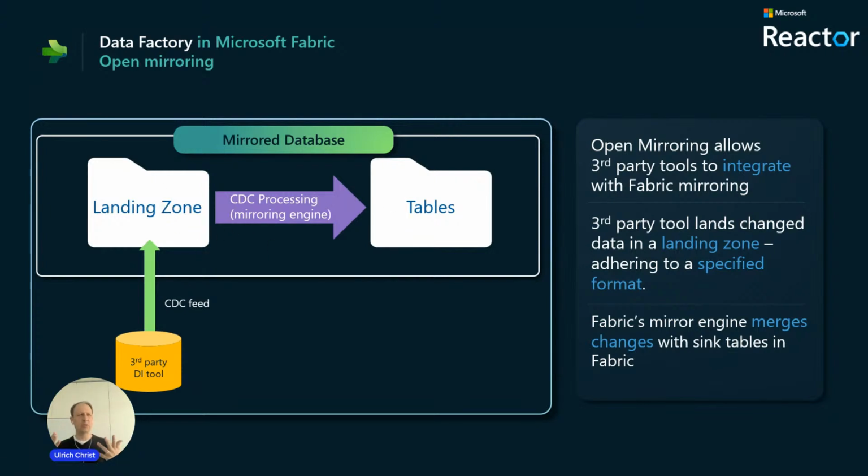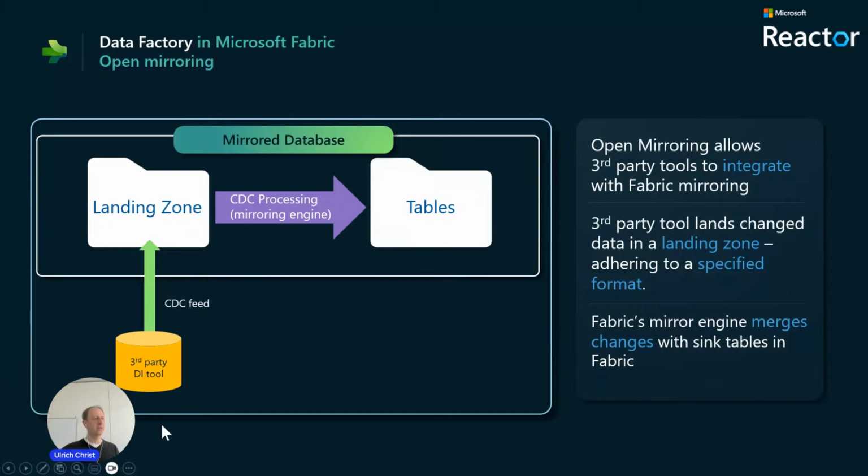When you listen to what I just described from a process perspective, a main difference from a user experience perspective is that this is kind of a split thing, right? You configure the replication in the third-party tool. It's not out of the box in Fabric, as you just saw in the demo for open mirroring, right? Open mirroring is a two-step process where two tools are involved.